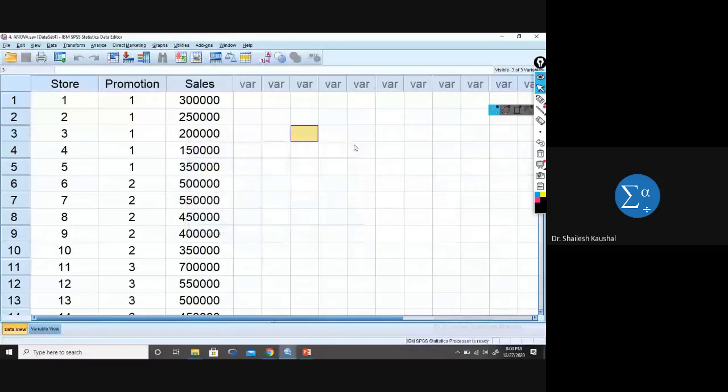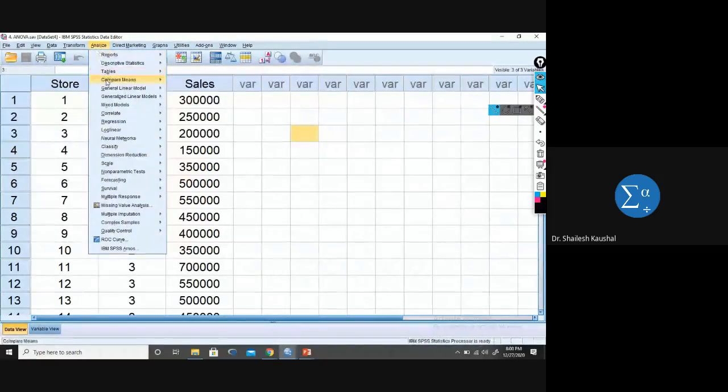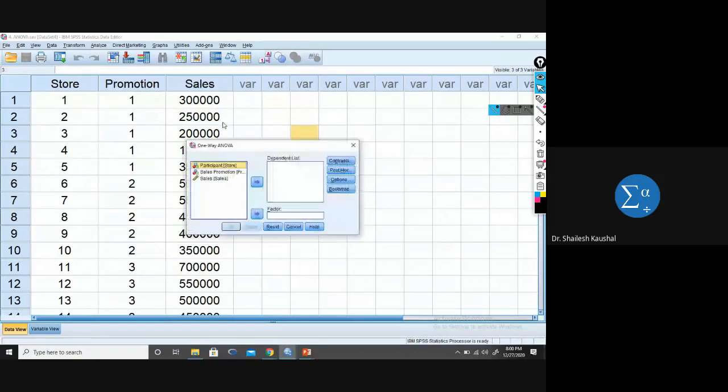I'm repeating again how to perform ANOVA. Analyze, Compare Means, One-Way ANOVA. Sales is the dependent variable, I'm transferring it here. Sales promotion is the independent variable, Factor.